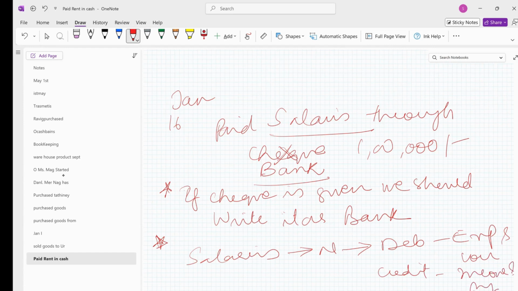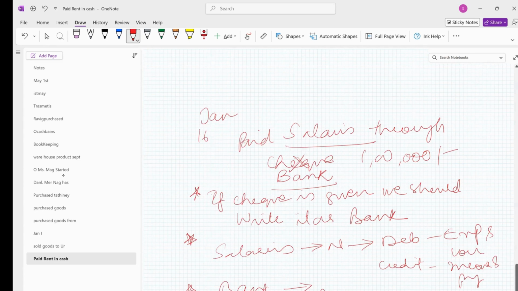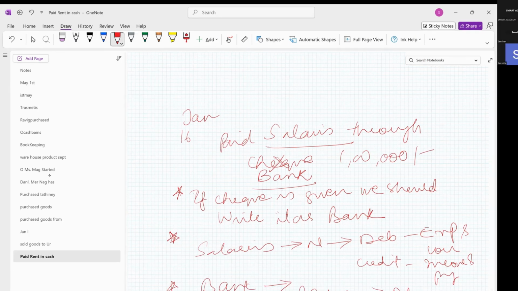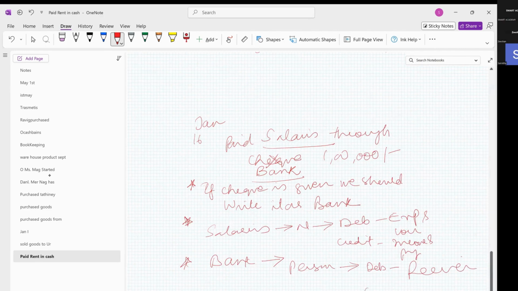And next one is bank. Bank means which account does it belong to? Personal account, very good. Personal account rule is debit the receiver, credit the giver.